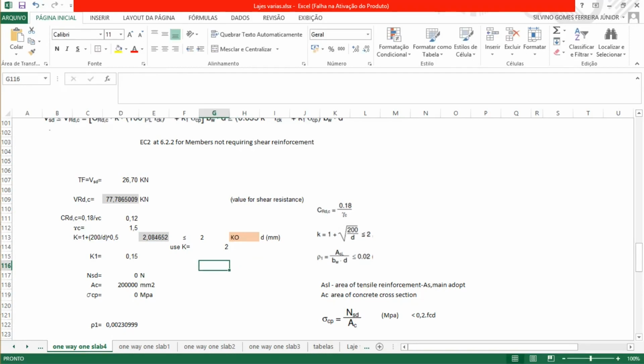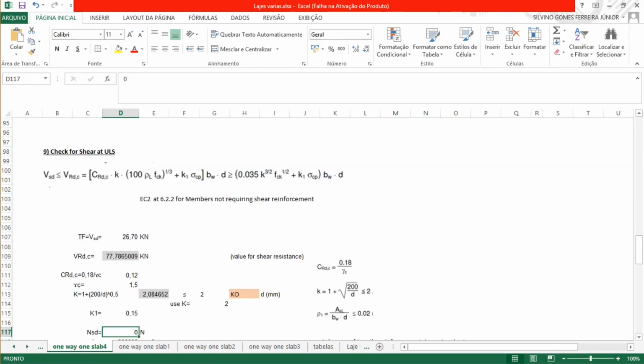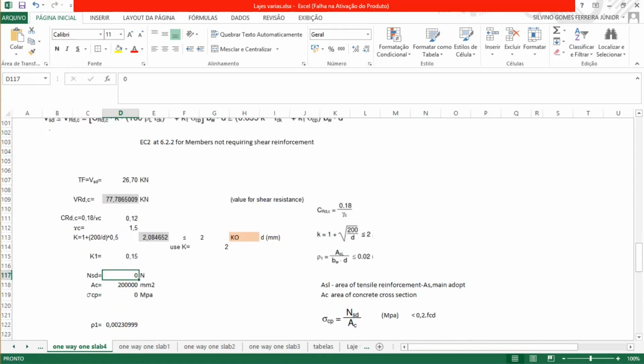k1 is a fixed value. And for axial force, we don't have axial force or prestressing on this calculation, so this is why it's 0 in the equation here.